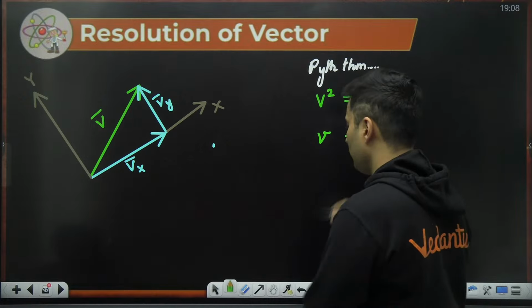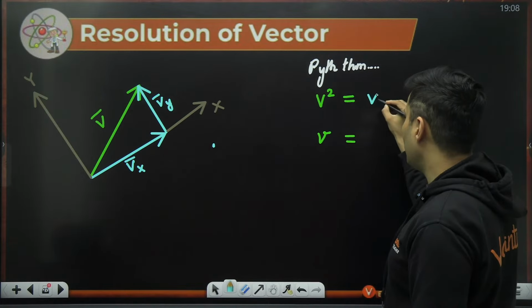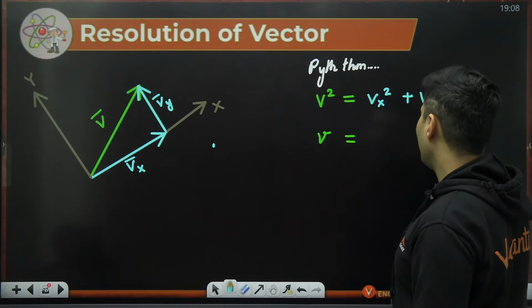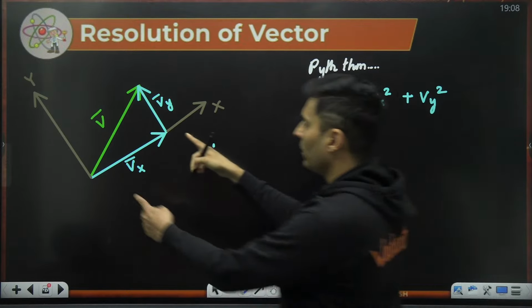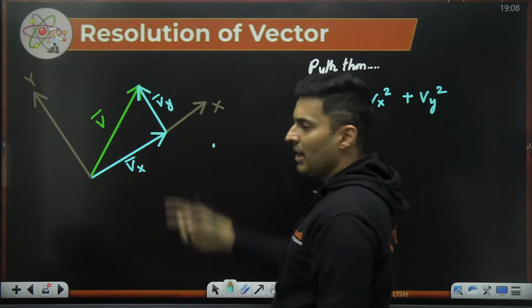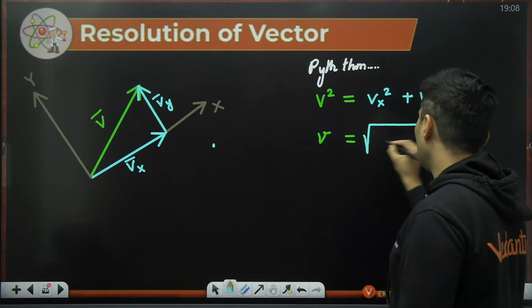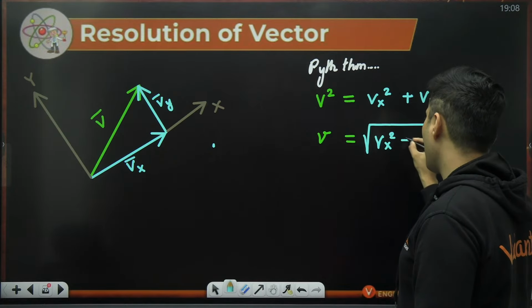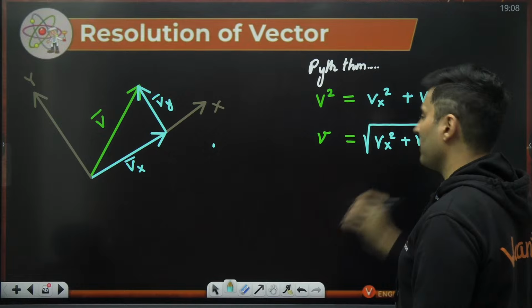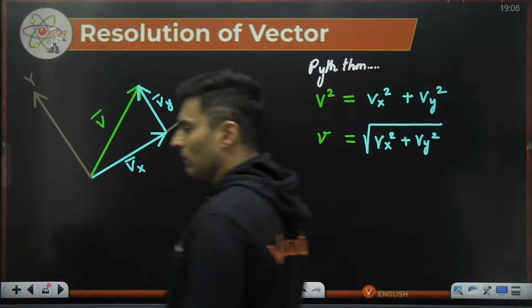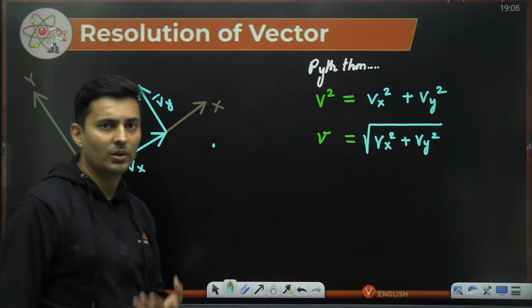So from that we can get v. So v square will be nothing but vx square plus vy square. Whatever is this length, square it and add it, you will get the hypotenuse square. So v will be nothing but the root of vx square plus vy square, using Pythagoras theorem.